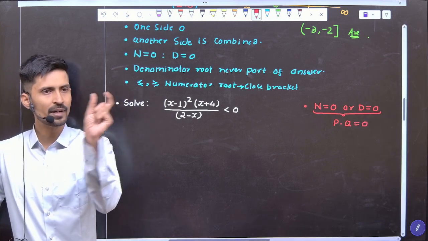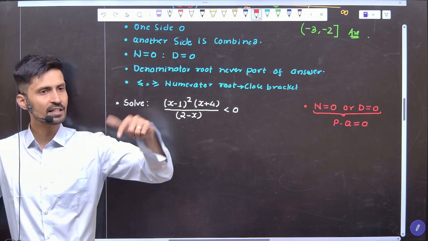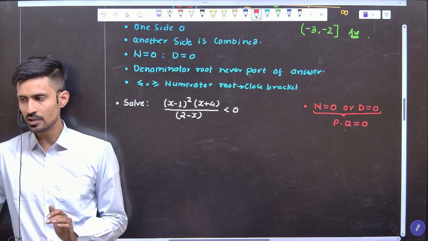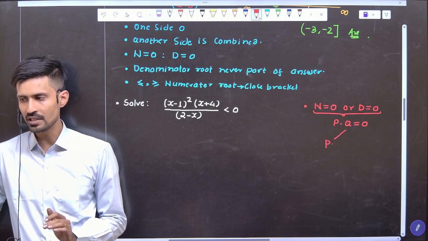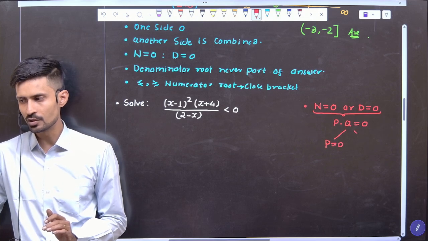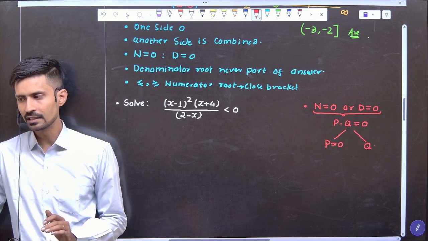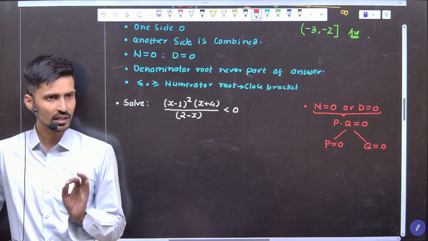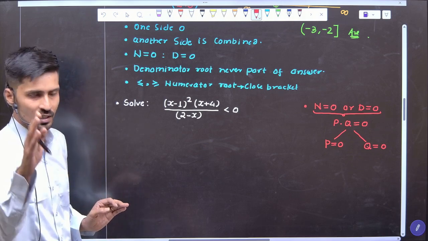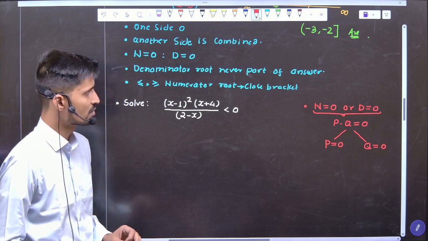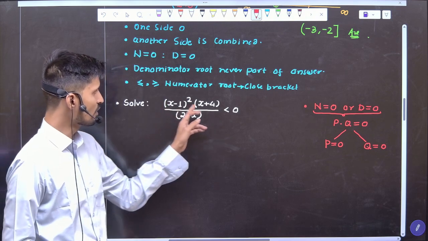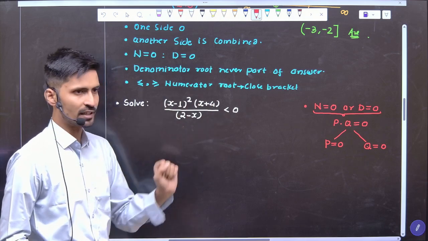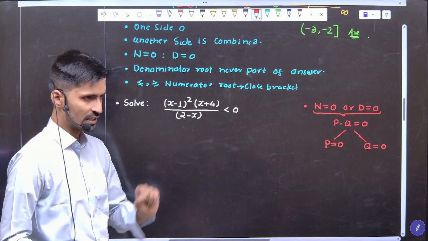Two terms will be multiplying and that equals 0. So whenever you get P into Q equals to 0, you have to solve P equals to 0 and Q equals to 0. Whatever you get will become the value of x. Now what is the meaning here? Let's say I am solving numerator equals to 0. In the numerator you can see 2 things are getting multiplied. In the denominator only 1 thing is there.